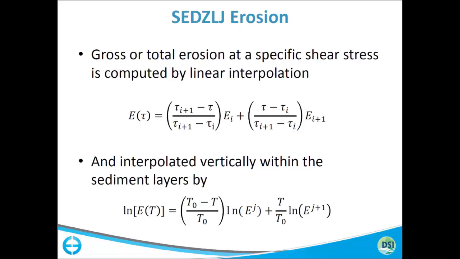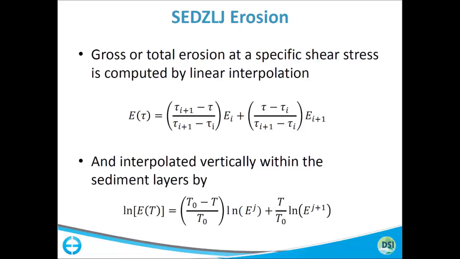And again, this particular approach only applies to non-cohesive materials. Cohesive materials, when they erode at that size class, if it's below that size class, 100% of that material just goes into suspended load. There's no splitting.